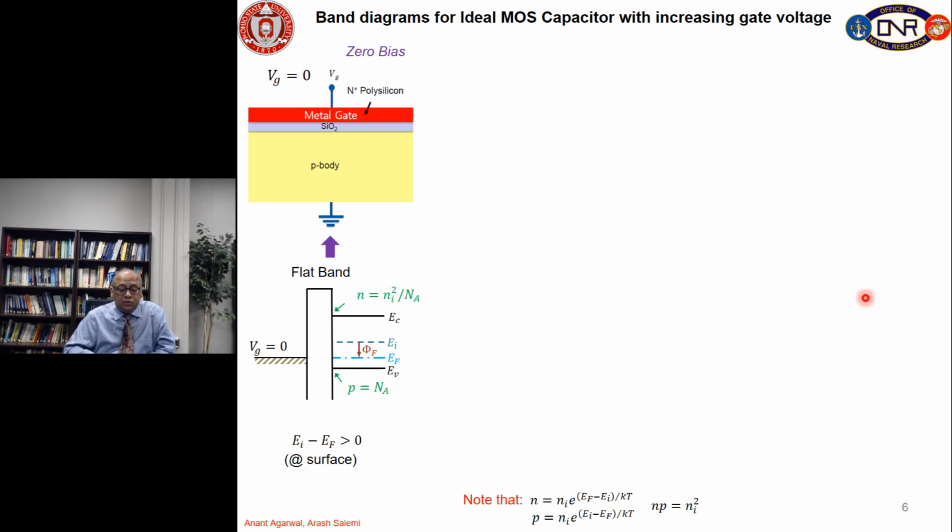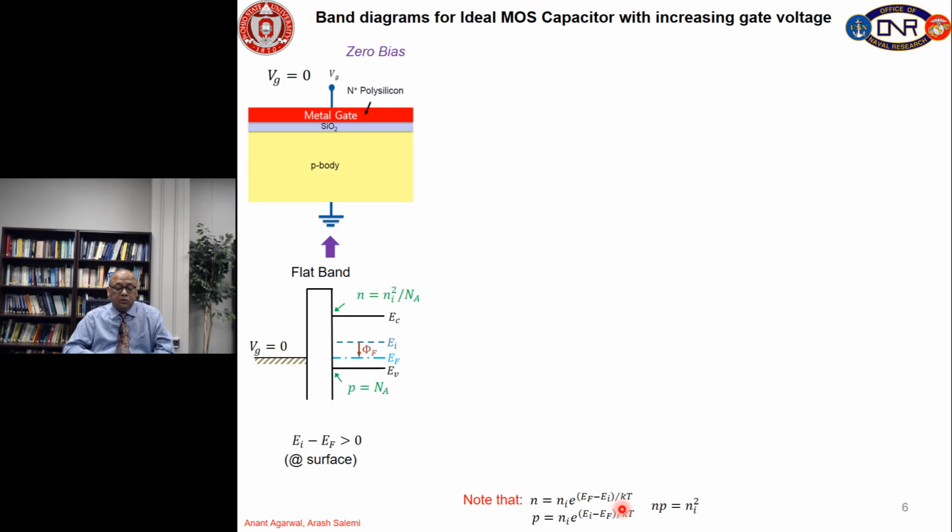So, we always know that electron concentration is given by this expression, and it's exponentially dependent on the Fermi level minus EI over KT, and the hole concentration is always given by this condition, which is exponentially dependent on EI minus EF over KT.